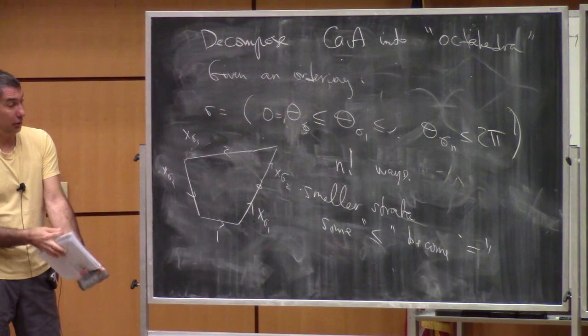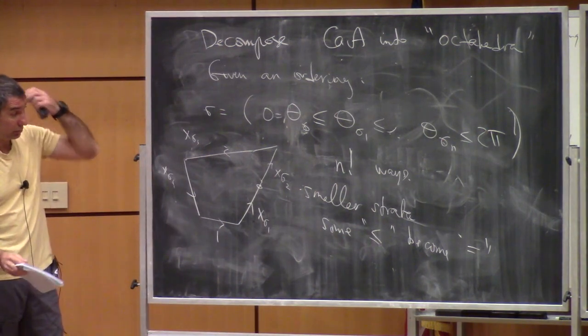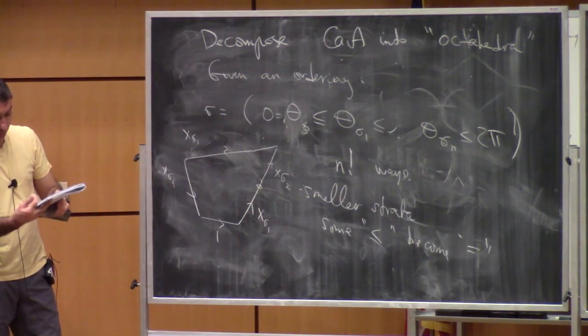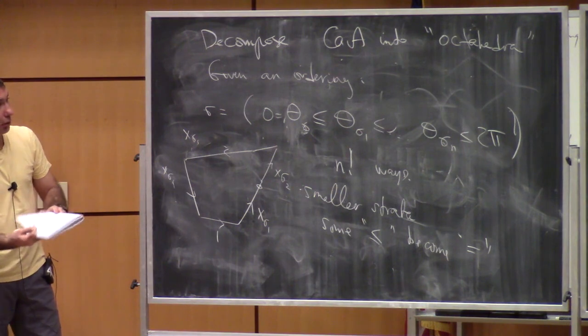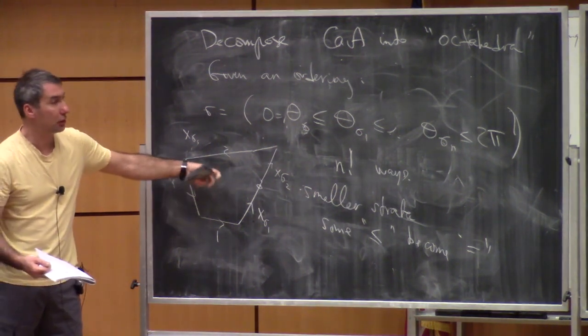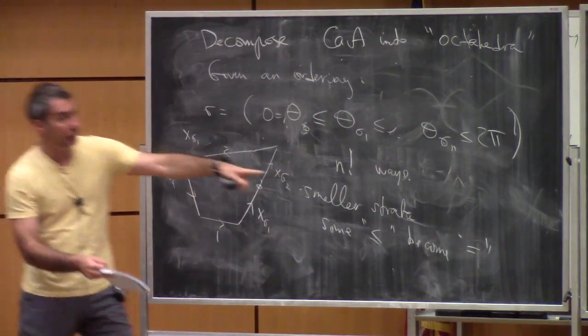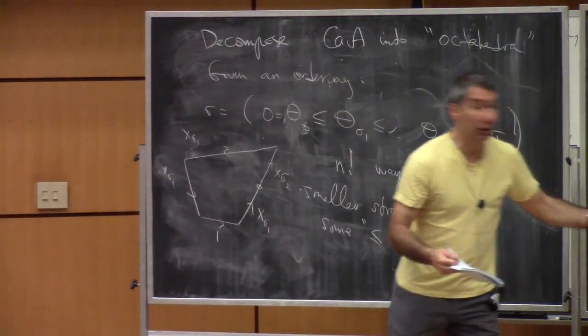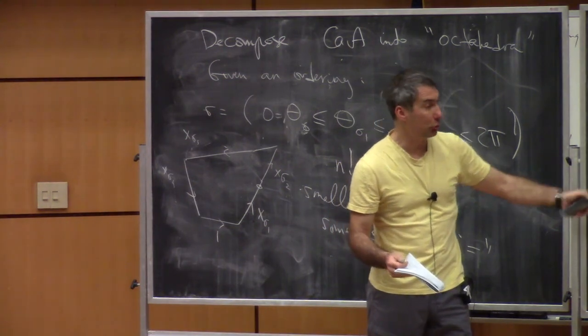I have a smaller number of angles. So what I'm going to do, I'm going to pull those back to both spaces, here and here, and I get a cell decomposition of both spaces.